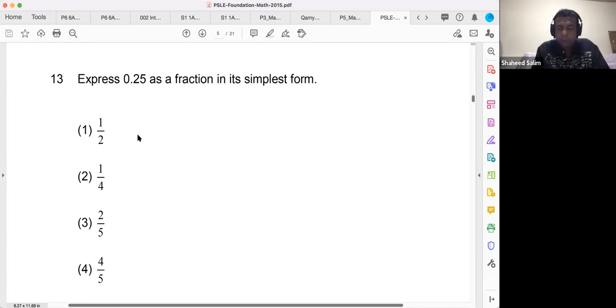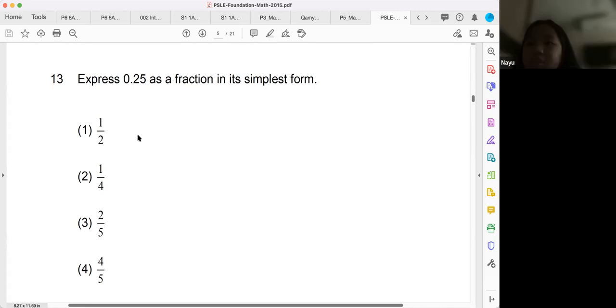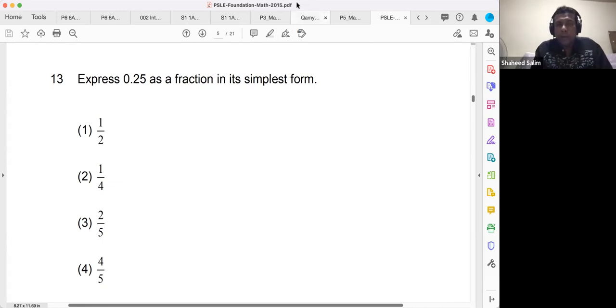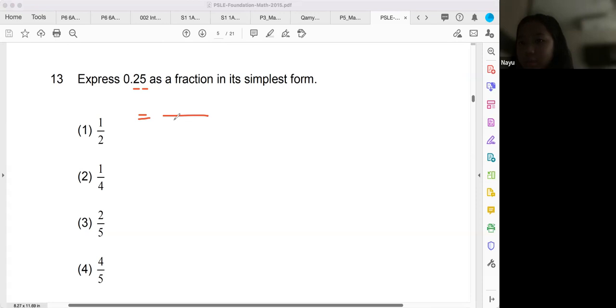Are you okay? How to change it to fraction? Yes. So now down here, you count now. After the dot, how many digits are there? 1, 2. So you must put over how many? 100.